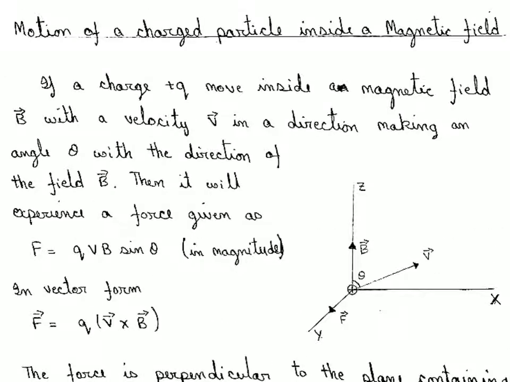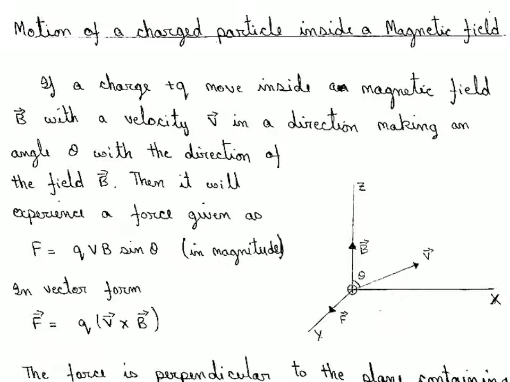So now we'll see what will happen if a charge moves inside a magnetic field. We know that if a charge moves inside an electric field, then it will move in a parabolic path.